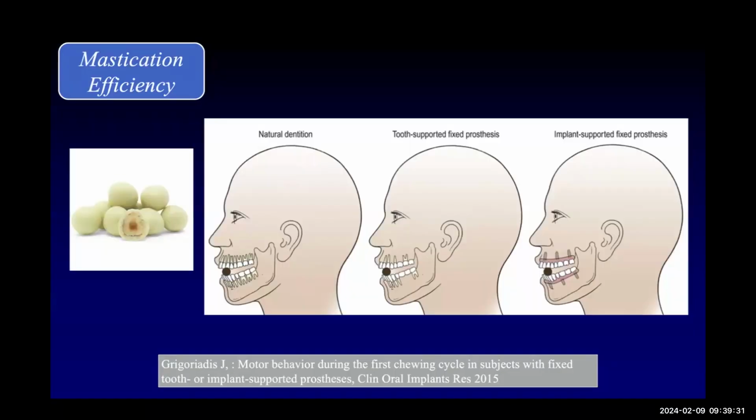And then if we look at mastication efficiency, this is a great study that took hazelnuts and asked 3 different groups: natural teeth, patients who have crowns on their teeth, and then implant prostheses. And they said, put that hazelnut between your centrals and bite it into 2 perfectly even pieces.